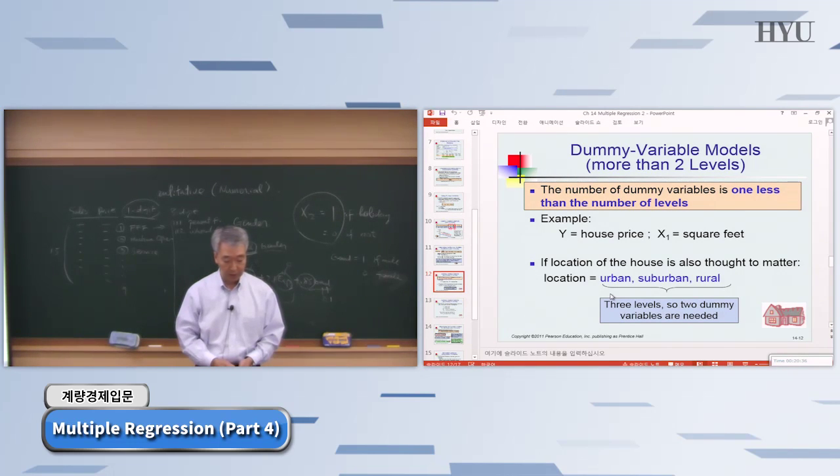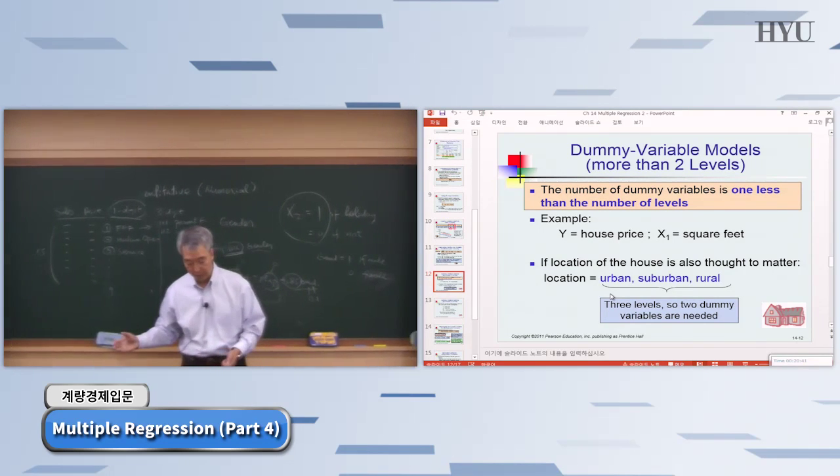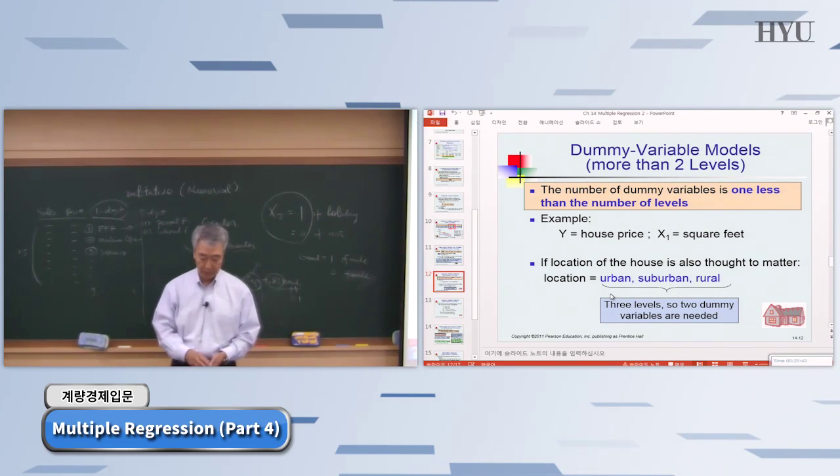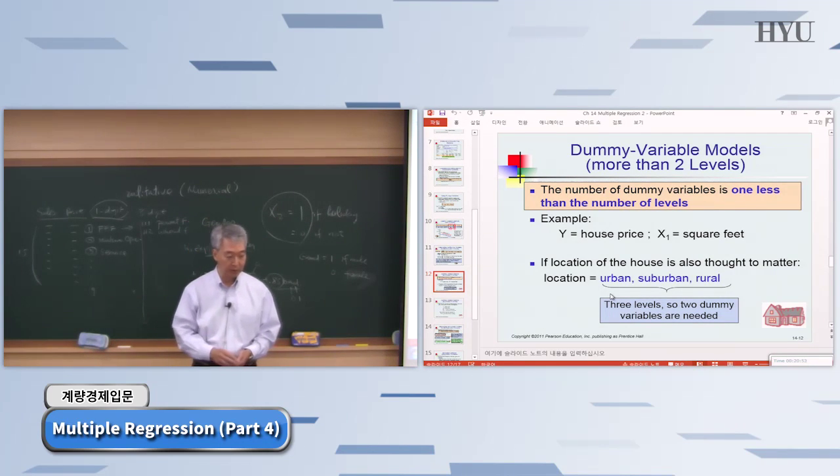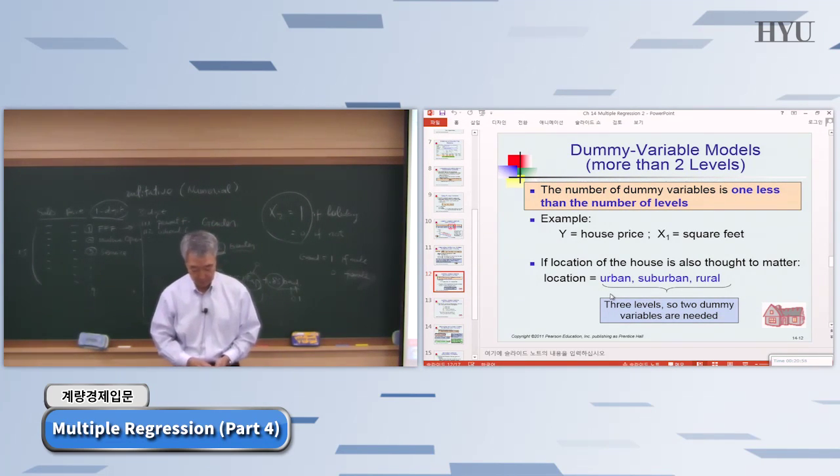Again, as far as location goes, you can have many different classifications. Even within urban, is it inner city or slightly outside the inner city? It can make a difference. But let's simplify the matter and say we have 3 levels.